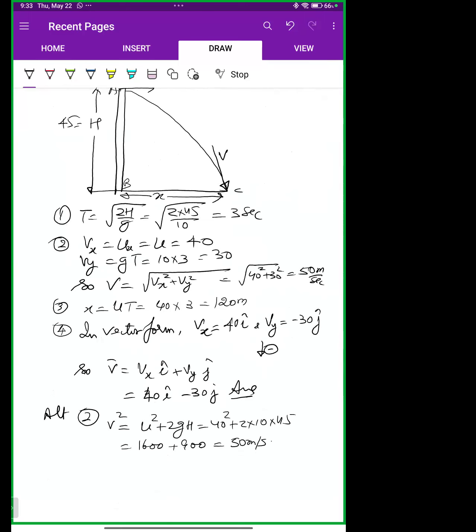You have to get the same result. Why not?